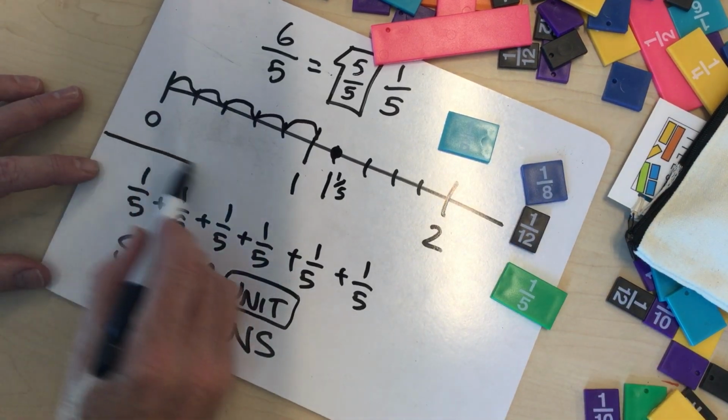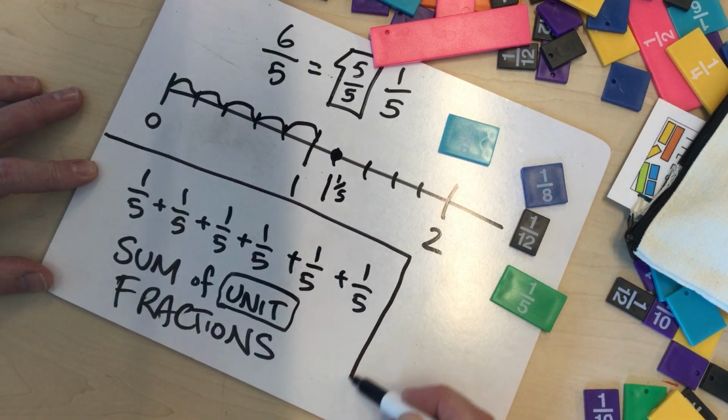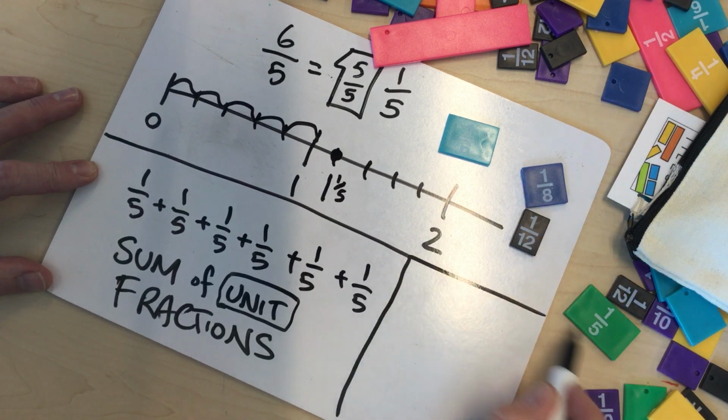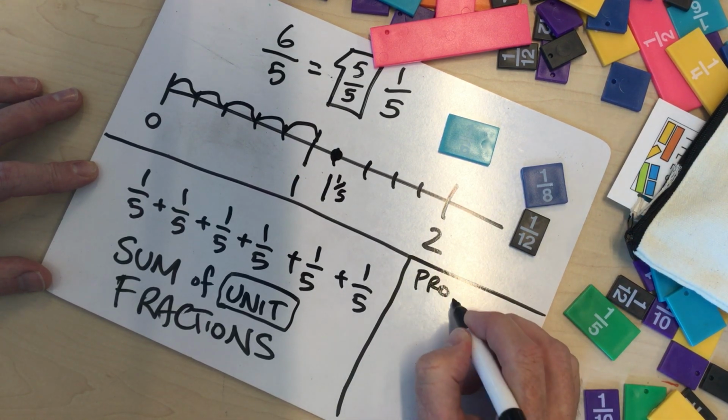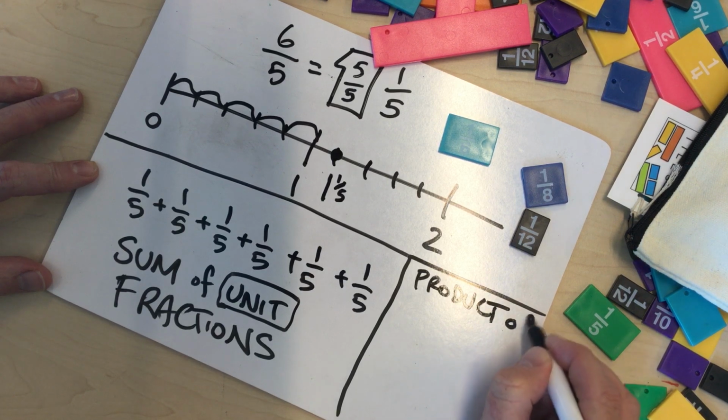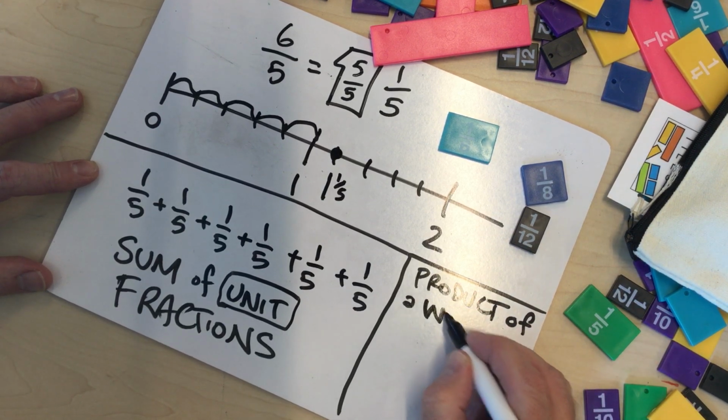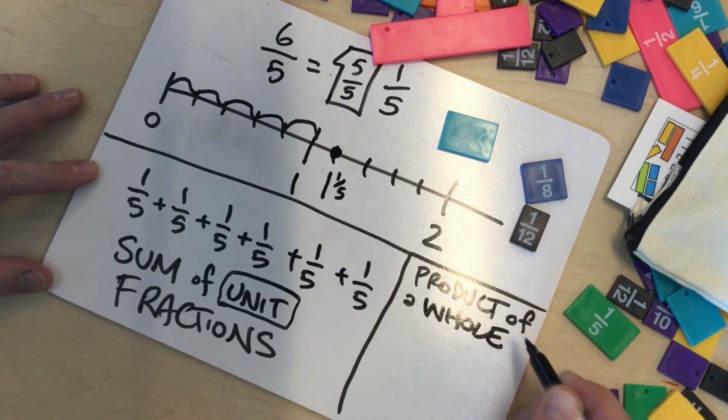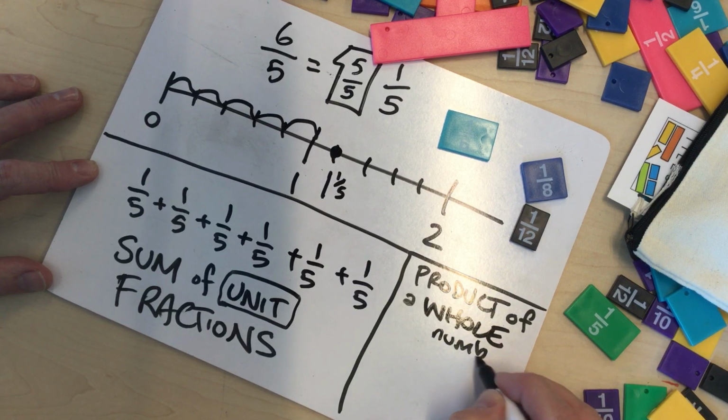Anytime you hear a unit fraction, it means the numerator is 1. Doesn't matter what the denominator is, it's a unit fraction. The other thing that we do besides a sum of unit fractions is a product of a whole number and a unit fraction.